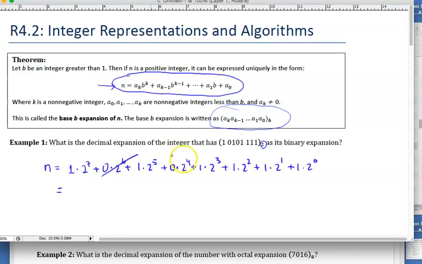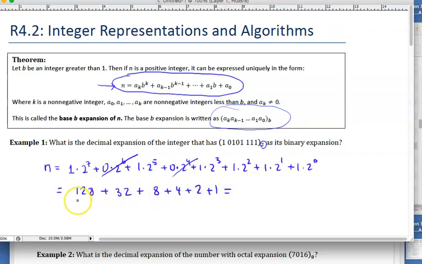The terms with 0 coefficients go away, and the ones with 1 coefficients get calculated. 2 to the 7 is 128, and 2 to the 5 is 32, and then an 8, and a 4, and a 2, and a 1.